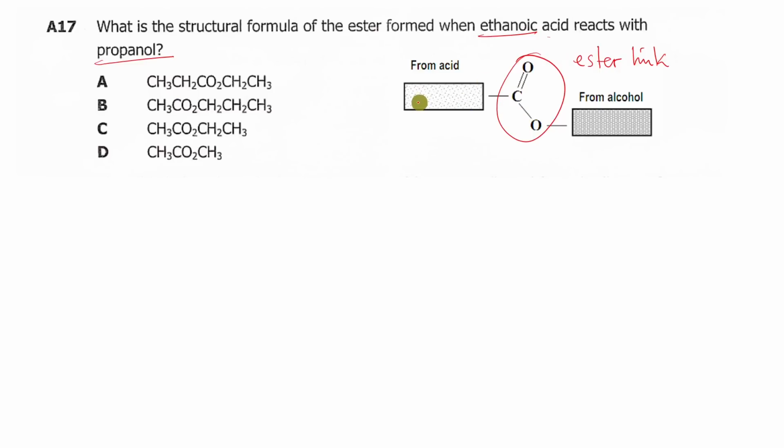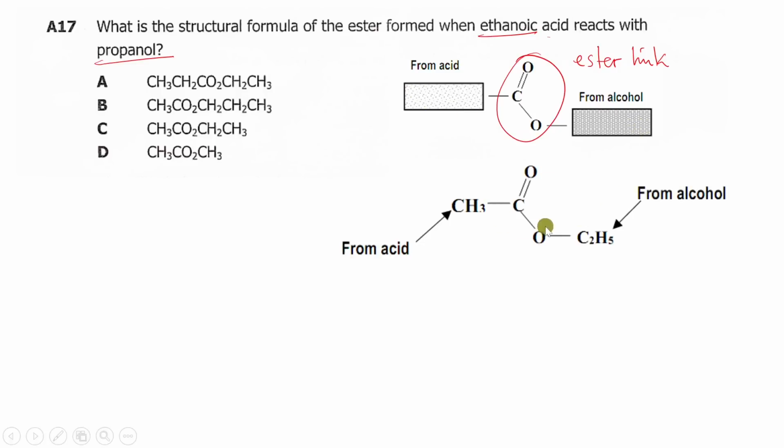The alcohol part will be this side, and then the acid part will be this side. For instance, this is the link here. The acid part will be this side, then the alcohol part will be this side. This one from acid, this one from alcohol.